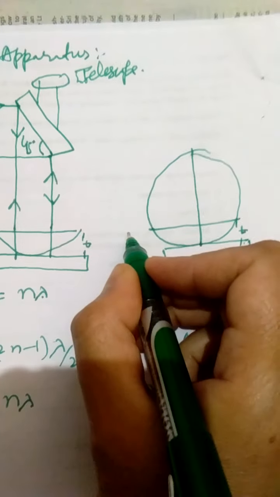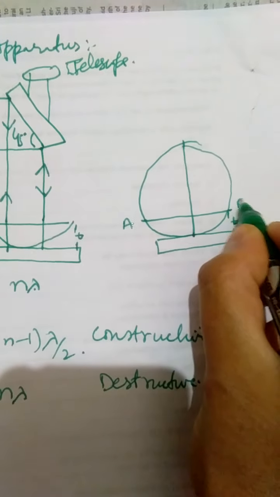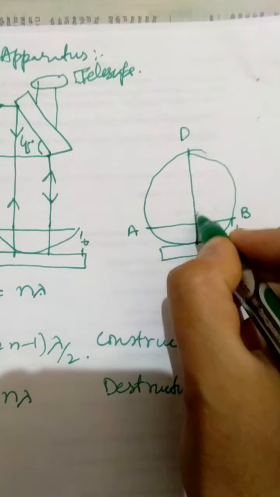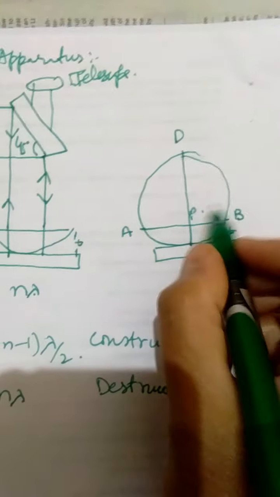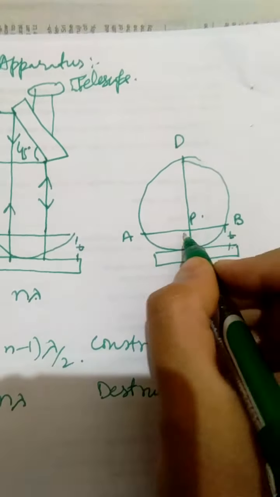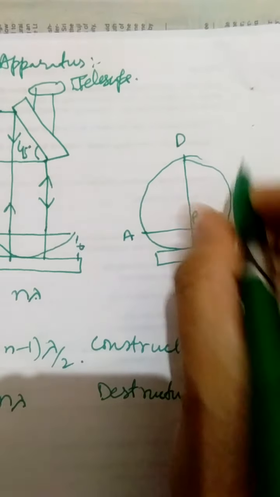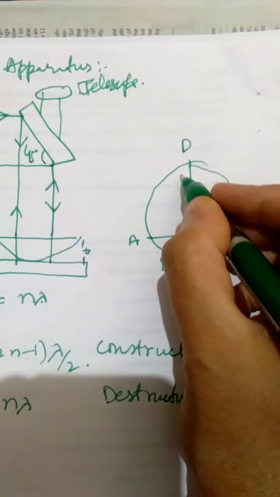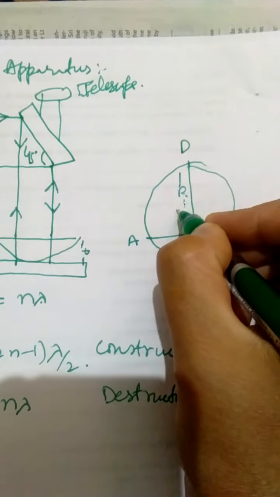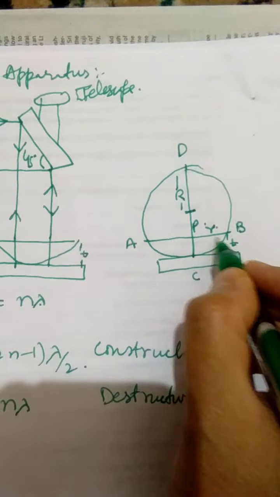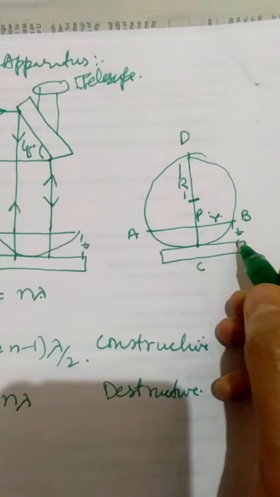So let us name these points A, B, C, D, and P. Let us name this distance, which is actually the radius of the plano-convex lens, as small r, and let the radius of the entire circle be R. So up to here it is R. The radius of the plano-convex lens is small r, and the thickness of the film is T.